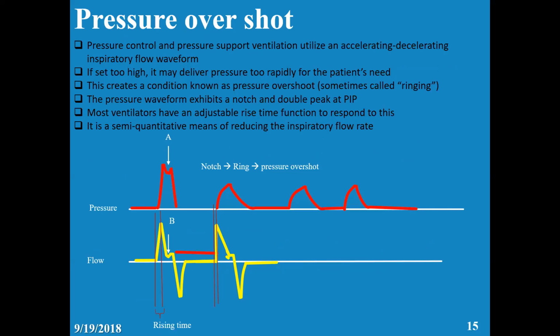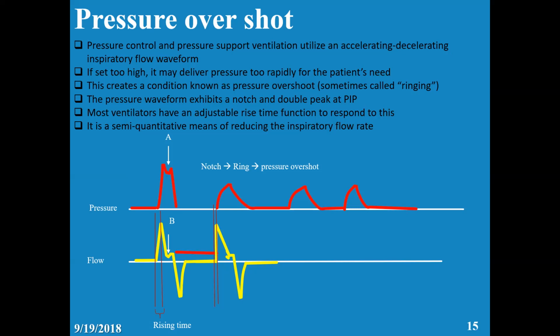There is something called pressure overshoot. In pressure control and pressure support ventilation, we use the speed of time. So we utilize the acceleration and deceleration of the flow to achieve the pressure.